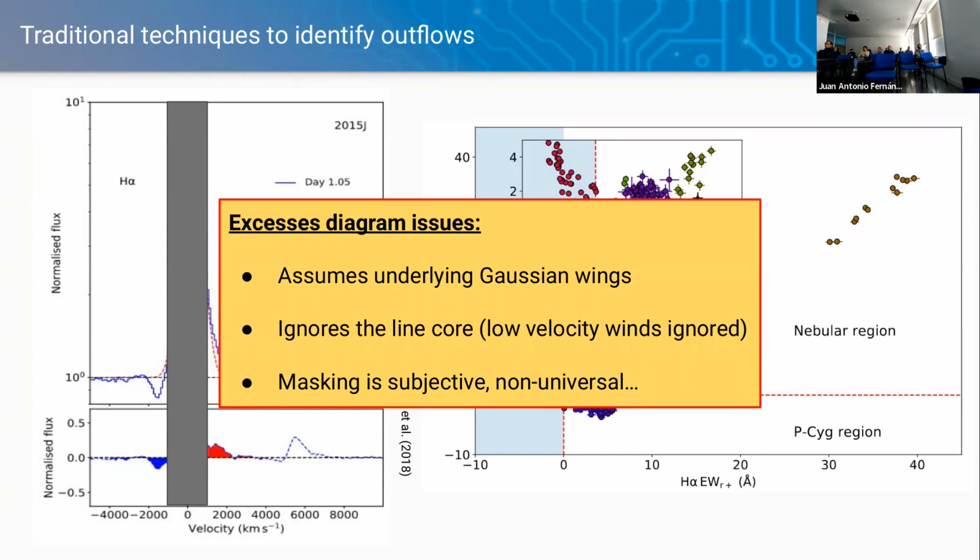The second thing is that it completely ignores the core of the line, which means that you are limited to only detecting high velocity outflows, which are far from the center. And finally, this masking varies from system to system because the broadness of the line is completely different. You will see that the outflows can be lower or higher velocity. So it's not perfect. And that's why we decided to move into machine learning to make something more solid and robust.